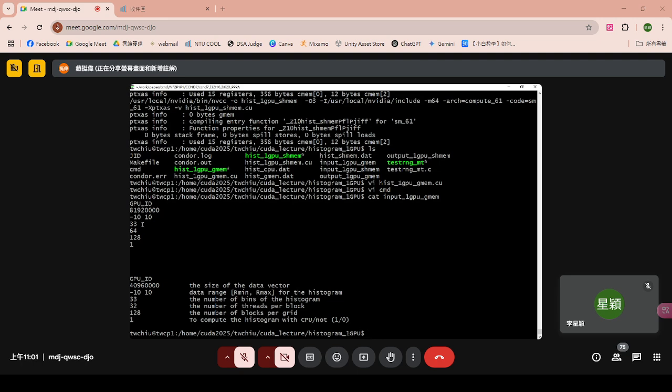I think it gives good statistics for every bin with so many data. The number of threads per block I just randomly chose, say 64, and the number of blocks is about 128. Also, I compare the histogram with the CPU.